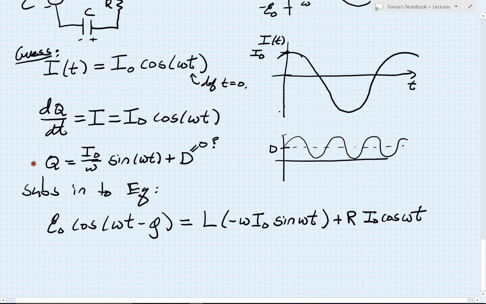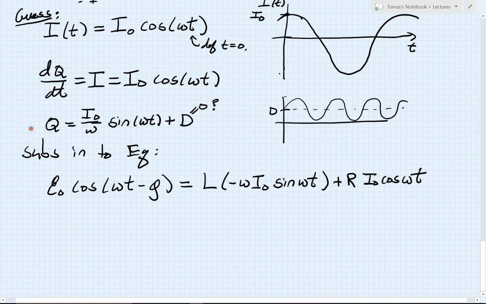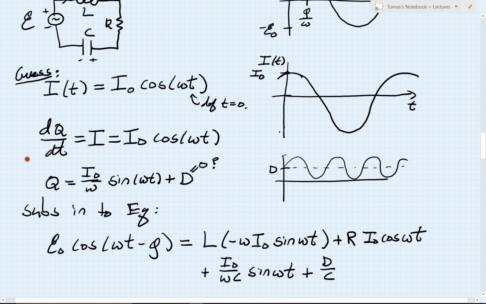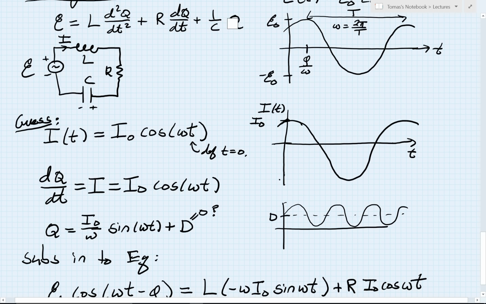When I divide that by C, I'm going to have a term that goes like I naught over omega C times sine of omega t. And I also have this plus D term, which I'm hoping will be 0, but that also gets divided by C because our job is to write Q over C.